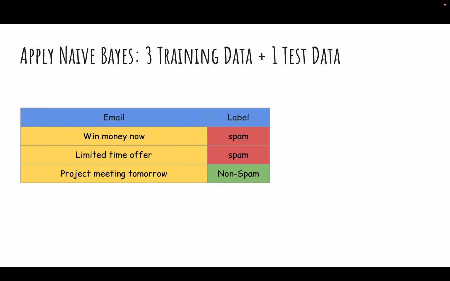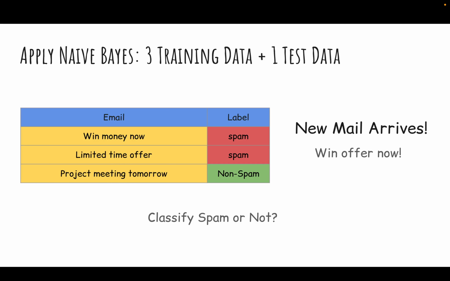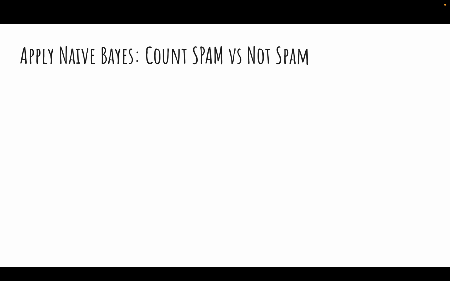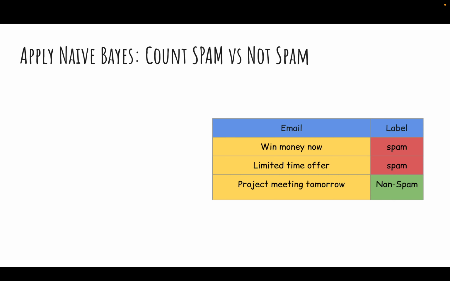Consider we have 3 mails and their corresponding labels, where the first mail represents spam, the second represents spam, and the third one represents non-spam. Now we have new data arriving, which is win, offer, now. You have to classify whether this new mail is spam or not. First, we have to count the spam and non-spam mails.